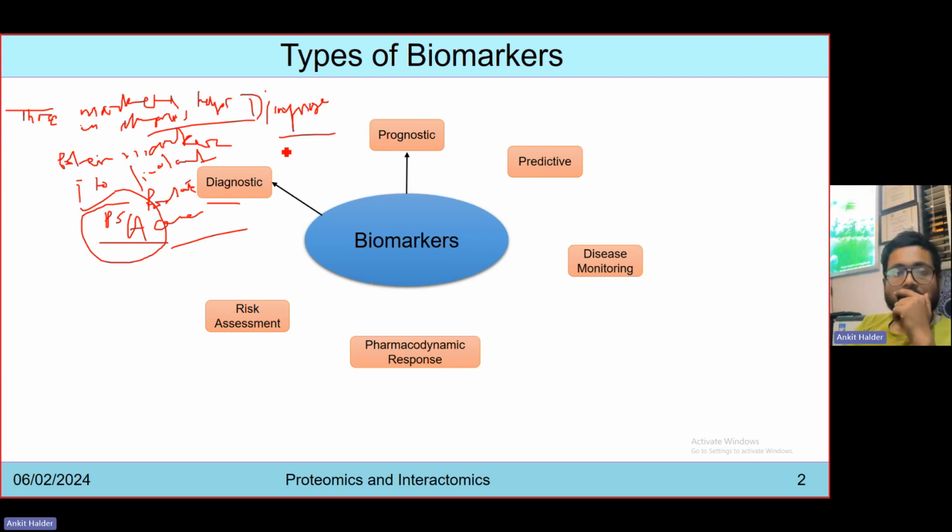All of these can be mentioned as prognostic markers. Third is the predictive one.